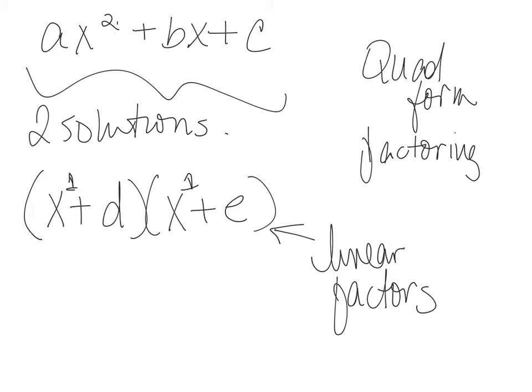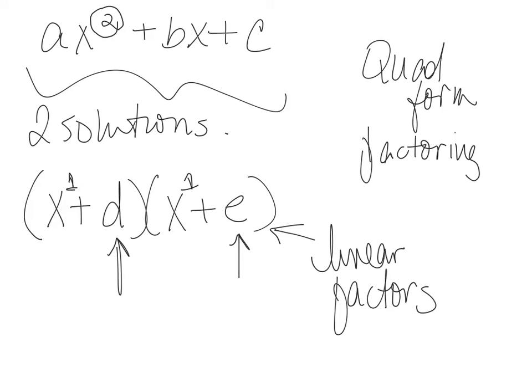Okay, this is quadratic because it's to the second power. So every quadratic equation has two solutions. Your solutions would be setting your linear factor equal to 0 and solving for it. In this case, it would be negative d and negative e. So every quadratic equation has two solutions that can be found using the quadratic formula or factoring. These solutions of the equation lead to linear factors of the quadratic polynomial.